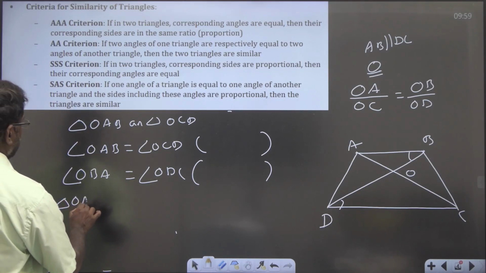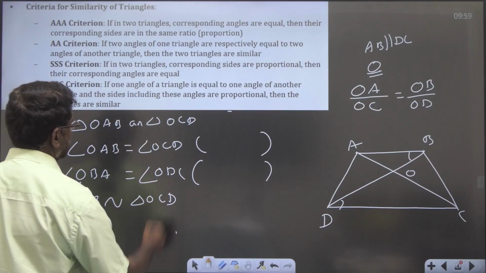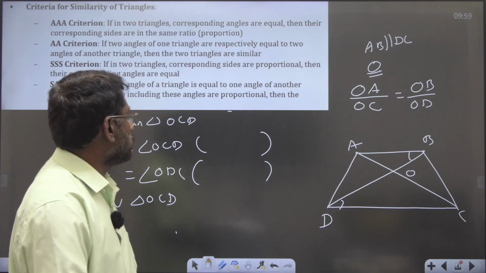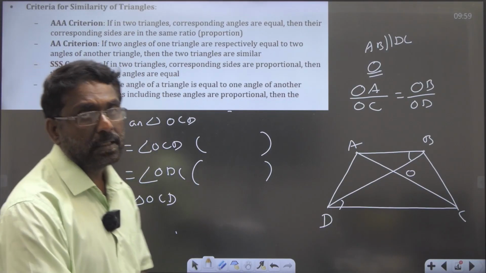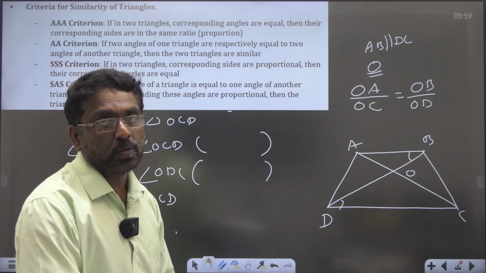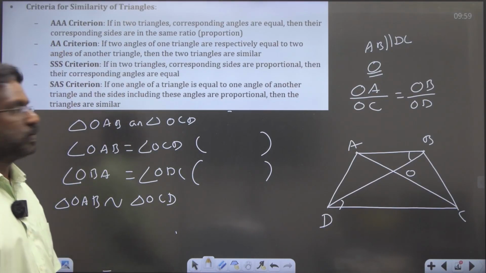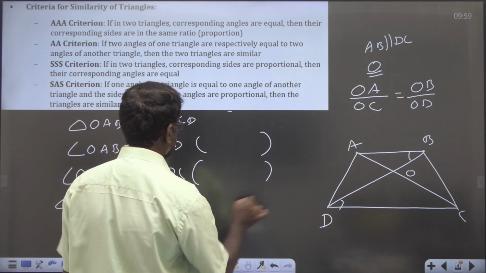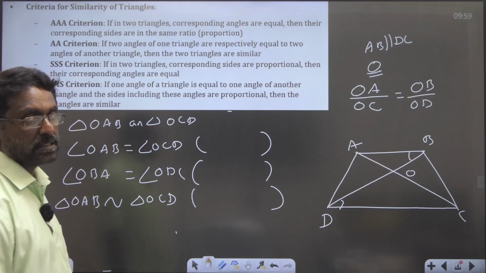Then triangle OAB is similar to triangle OCD. What is the reason? Two angles of these two triangles are equal, then automatically the third angle is also equal. What condition? Using AA criterion, these two triangles are similar.